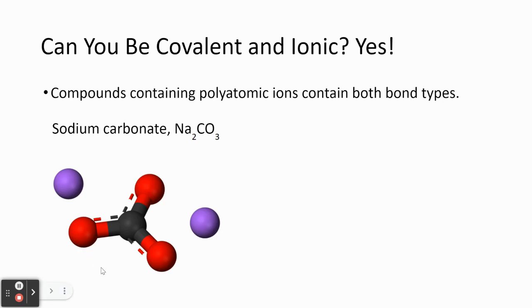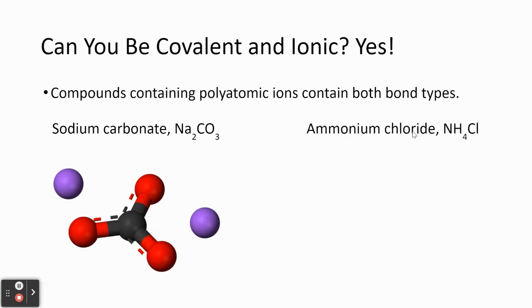And the 3 oxygens are bonded to the carbon with polar covalent bonds. Carbonate has a -2 charge, and the sodiums each have a +1 charge. So the attraction between our positive sodiums and our negative carbonate would be an ionic bond.